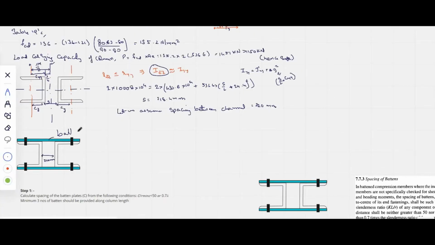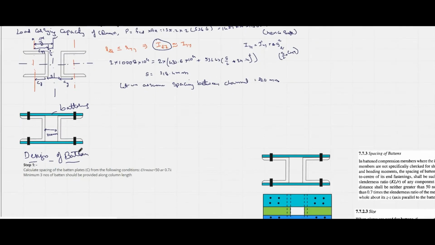Whatever the battens we are going to provide, we are going to design now a batten system. So the first step in designing a batten system will start from the spacing of battens.